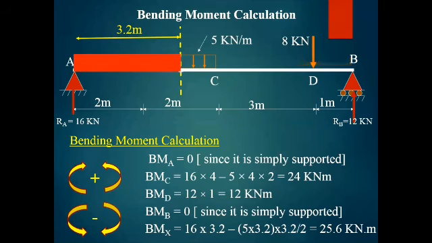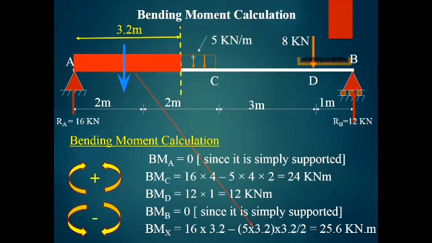So I will consider only this UDL, not the full UDL. And this I have considered here, 5 into 3.2. Now what is the distance of the center of this? So I will mark the center, somewhere here.